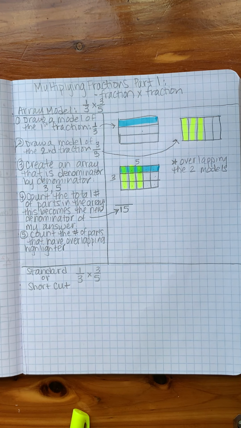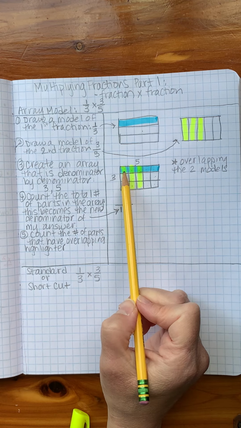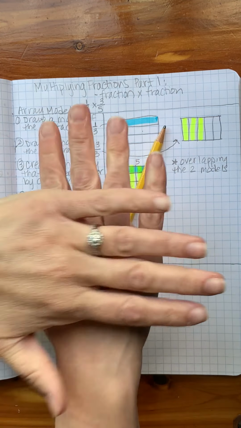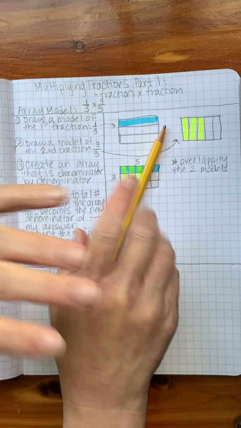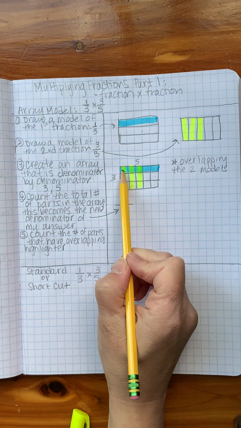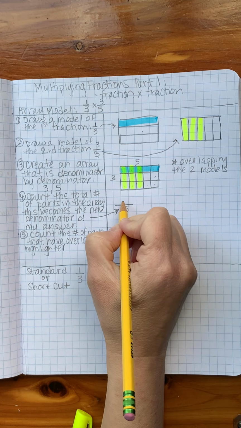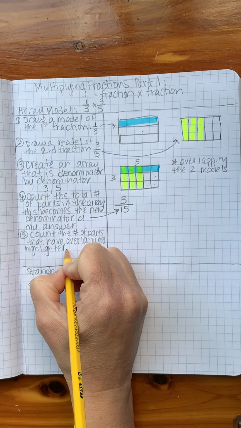So if I go back up to my array, the parts that have both colors of highlighter in them, where the highlighter overlaps, and remember overlap is when something is on top of something else, there are 1, 2, 3 parts that are overlapped, and this becomes the numerator in my answer.